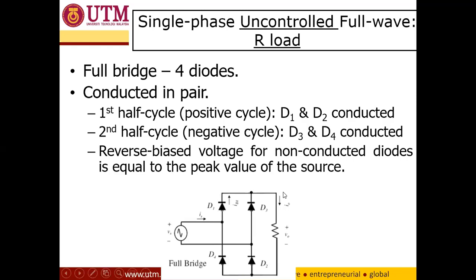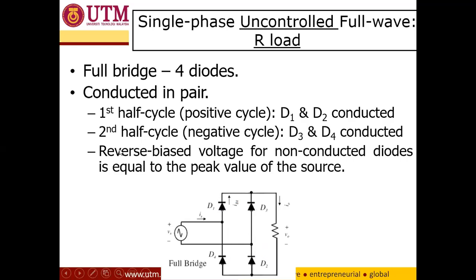The current will flow from D1 to the load and go back to the source through D2. When the negative cycle comes, the polarity is reversed, so D3 will turn on with D4 going back to the source, while D1 and D2 will turn off. As you can see, for each leg only one diode will operate. If D1 is on, D4 will automatically be off, while if D3 is on, D2 will automatically be off.